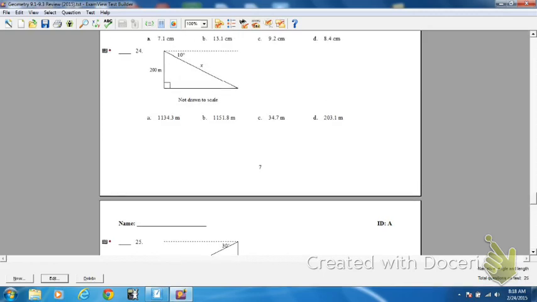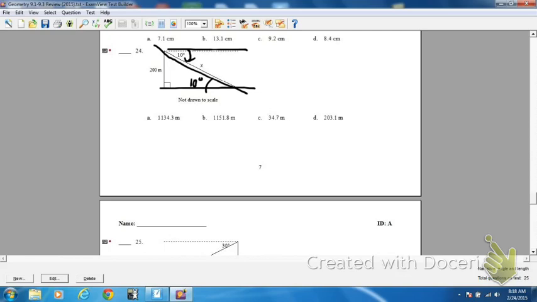We've got 24 and 25, both are problems where we have angle of elevation and depression. We have a horizontal line cut by a transversal. This is the angle of depression, but it's not inside the triangle, so we're going to look at its corresponding congruent angle, which is also 10 degrees here.